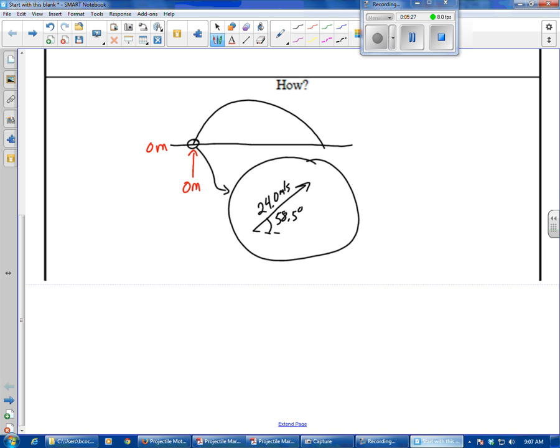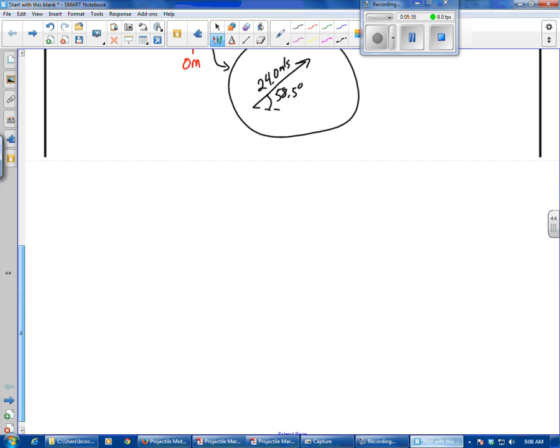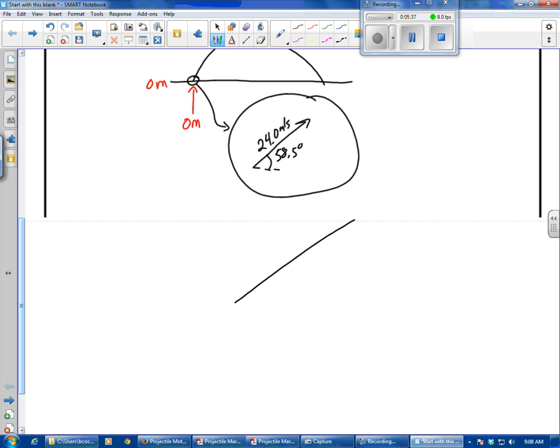The one thing I have that's in both of them is this velocity. So I need to take that velocity that I drew in my little diagram and break it into its horizontal component and its vertical component. I know the hypotenuse of this triangle is 24 meters per second, and this interior angle is 58.5 degrees.